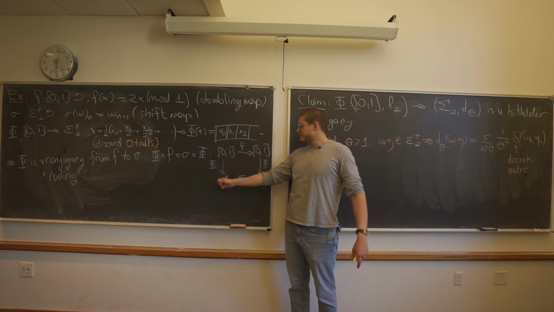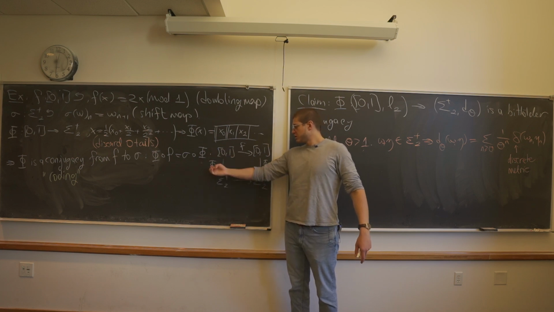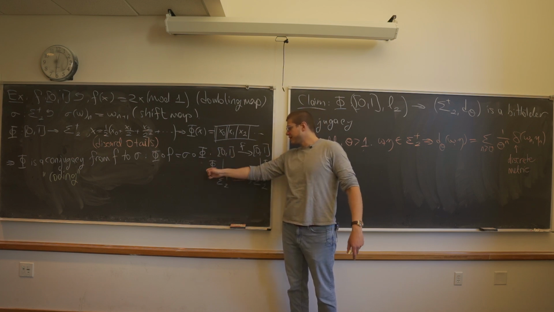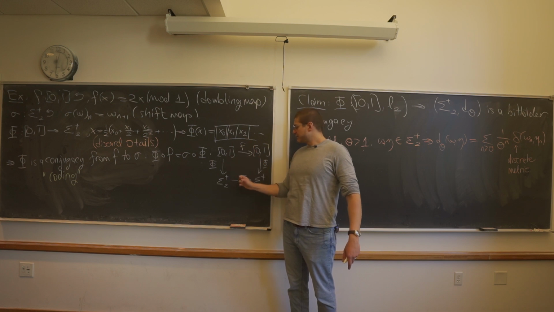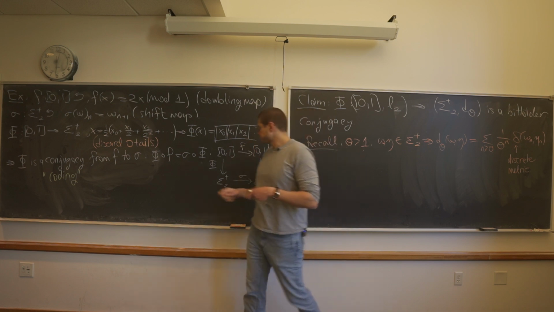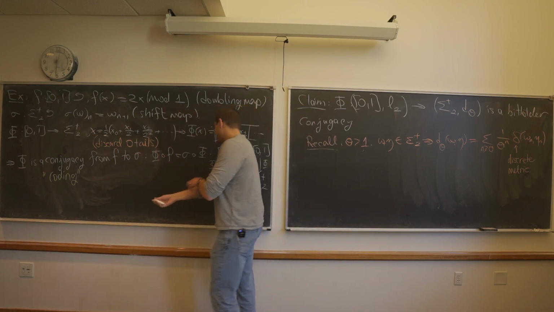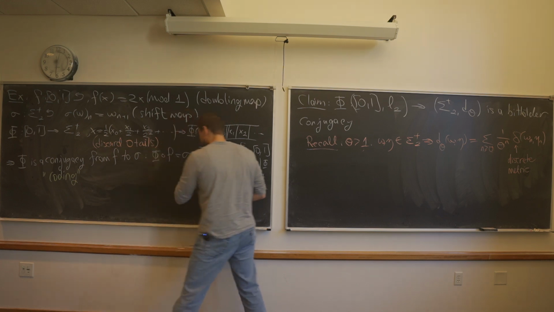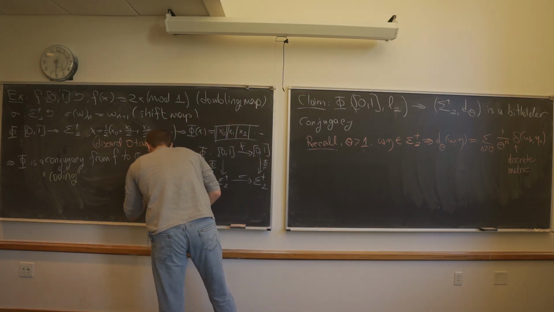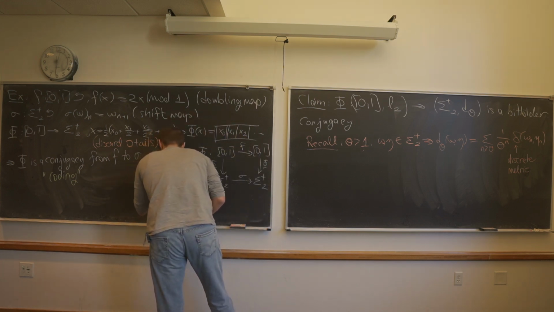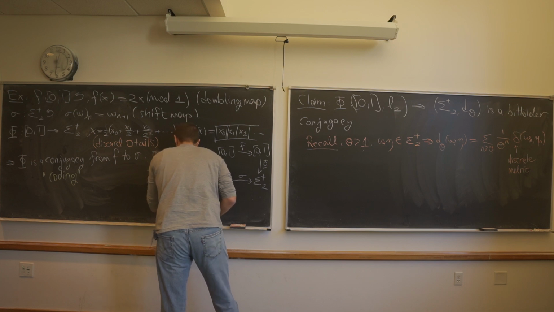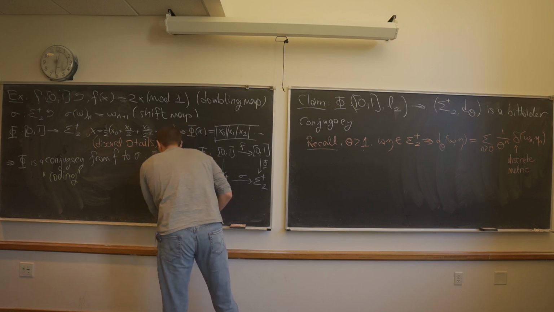If I were to change my coordinates from whatever Euclidean coordinate I have on the interval to the shift space using this phi, the doubling map becomes nothing but the shift transformation. Another way of writing this is, of course, to take this to the other side. You can write it like this too.